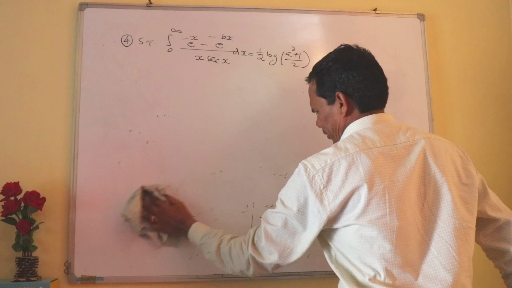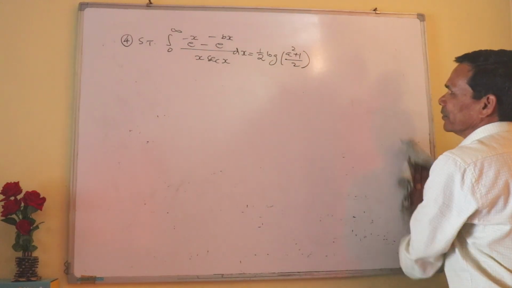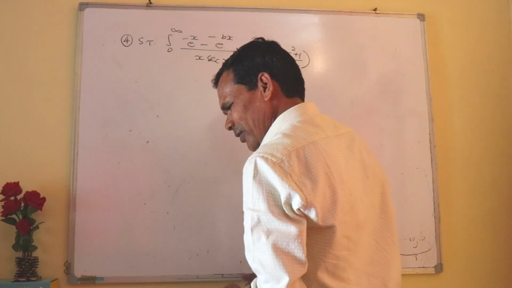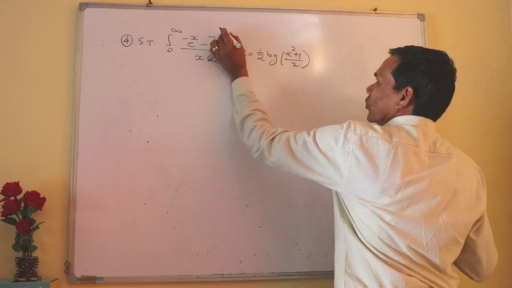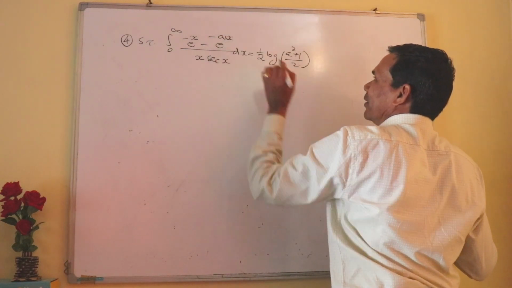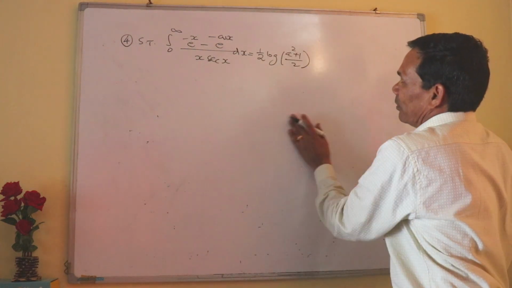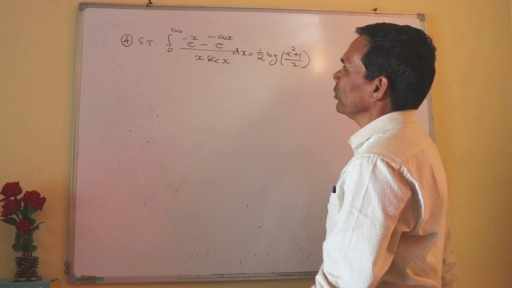Now see here, again only one parameter. Actually this is e raised to minus ax, x sec x, it is 1 by 2 log of (a square plus 1) by 2.